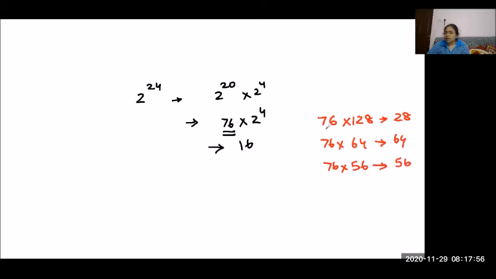So if you multiply 76 with any power with the base 2, say 2 to the power 10, we know that 2 to the power 10 ends in 24, and 76 into 24 will give you 24 only. Hope it's clear. So 76 multiplied by any power expression with base 2 gives the same last 2 digits. If you remember this, you can do this question very fast.